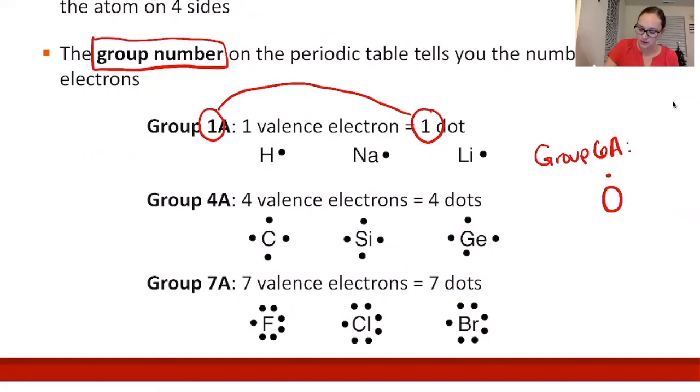We're going to do 1 dot on each side and keep going, and then double up once we have to start doubling up. So we do 1 dot on each side, but we're only at 4. So we'll double up and keep adding until we have 6. Now we have 6 valence electrons around it: 4 overall that are paired, so 2 different pairs, and then 2 open or single electrons there.